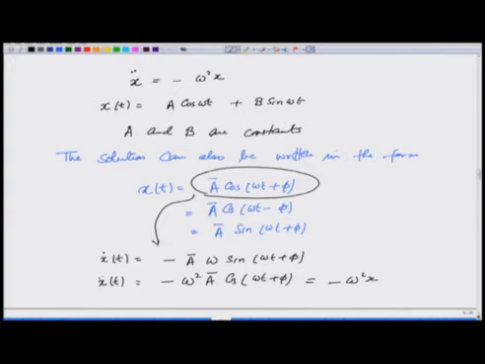So it satisfies the equation. More interesting, however, is to see how this a bar and phi are related to the constants a and b.